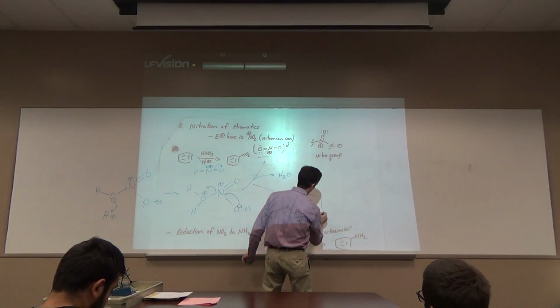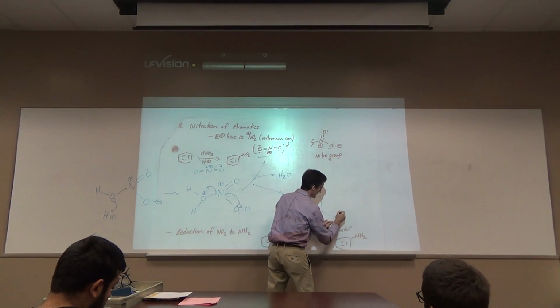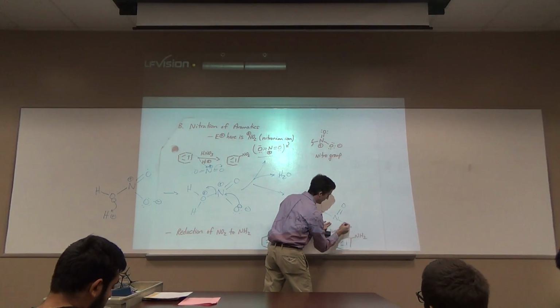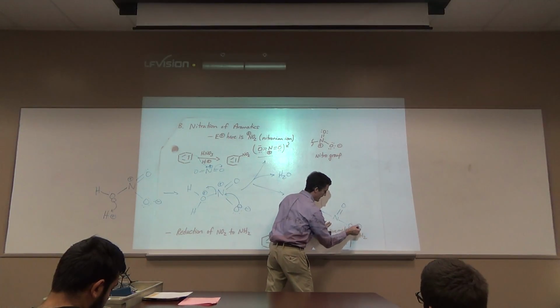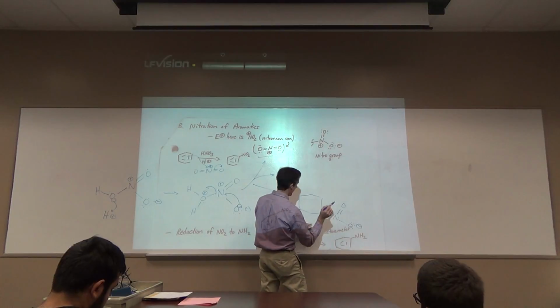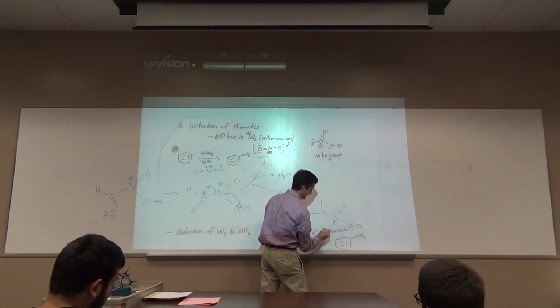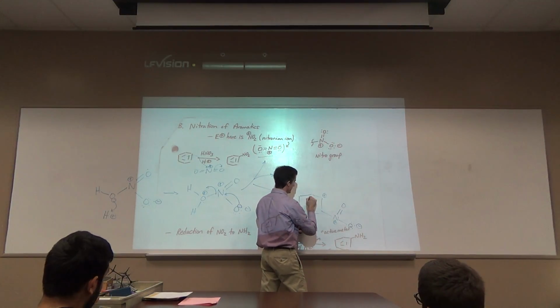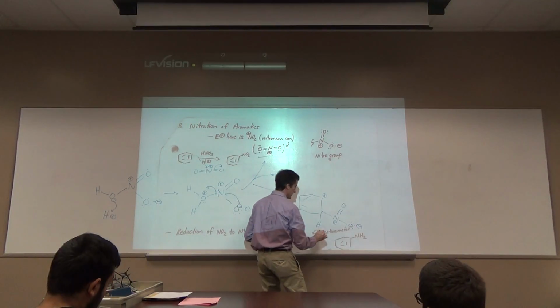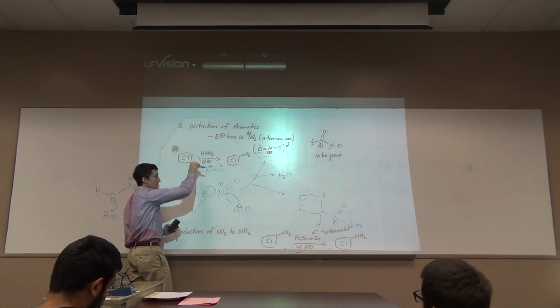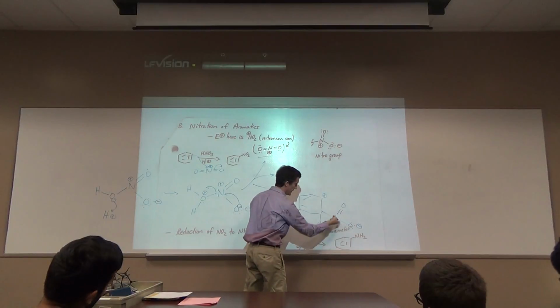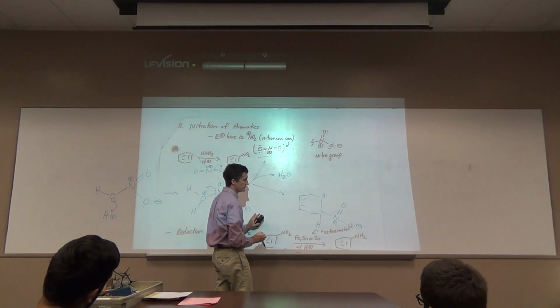We made a bond to N. One double bond to O is still there, but the other one, the electrons moved on to the oxygen. Minus. The nitrogen is still positive. Positive charge here. There's an H on every carbon. There's your sigma complex.